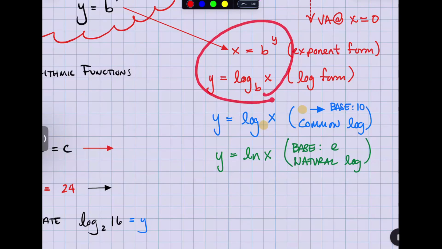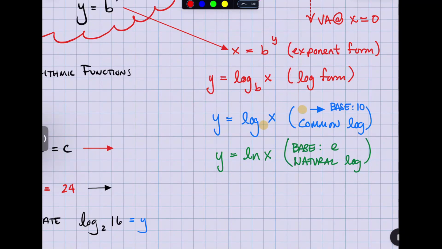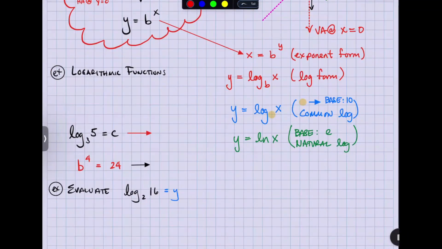We have to be able to convert this back and forth between the exponential form and the log form. I can tell you a story through it to help you out. I can give you the rules of log to get you there as well.